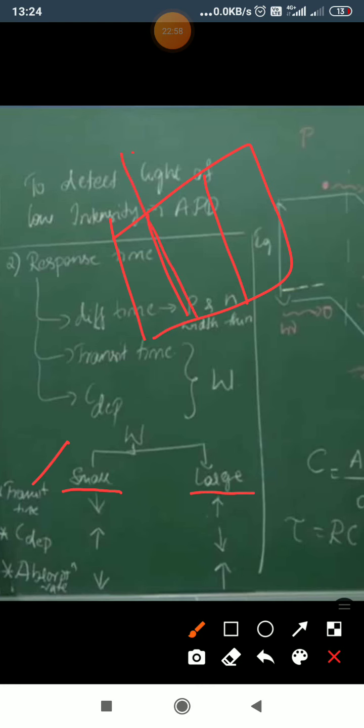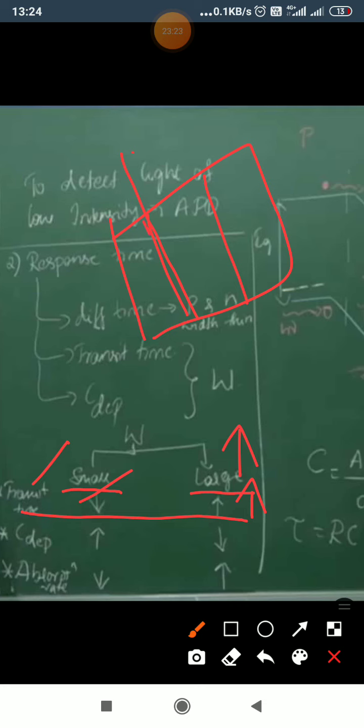So if this width is small, what happens to the transit time? That is also small. The electron or hole which is present has to move back to its original region, so if the length is small, the time required for that process is also less. If the width is large, then the transit time is also large.